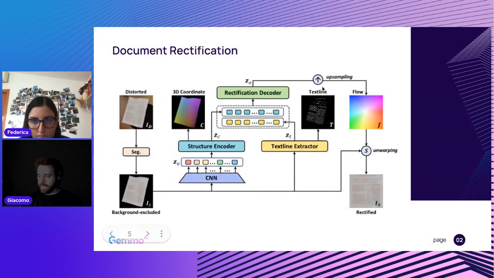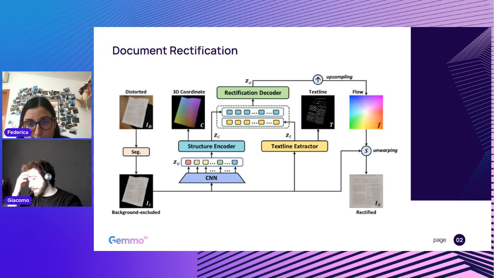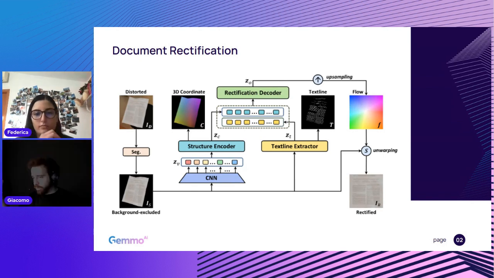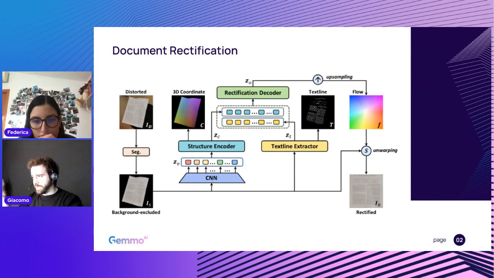So again, it's not a super simple architecture, but it's actually very effective. Apparently, I haven't tested it myself, but it should be, in the sense that they report the results on a number of data sets, including a pretty new one that I can't remember the exact name of, developed precisely for gauging the performances of different algorithms for document rectification.